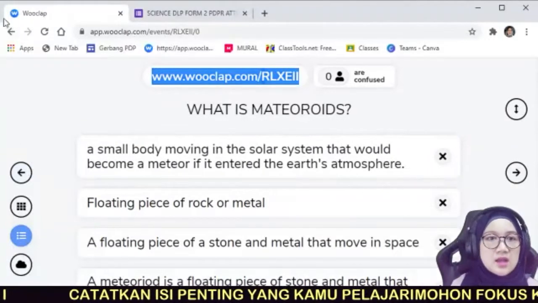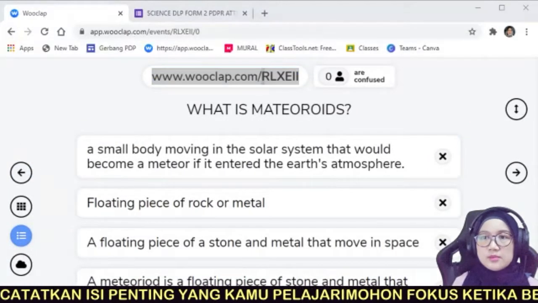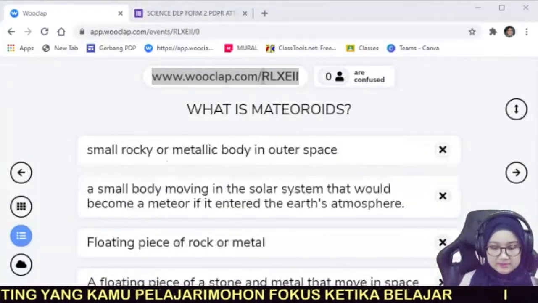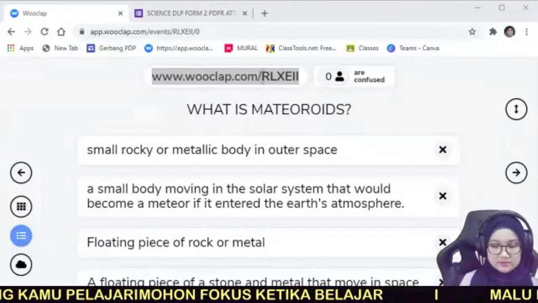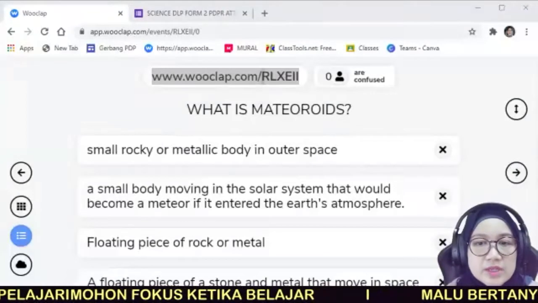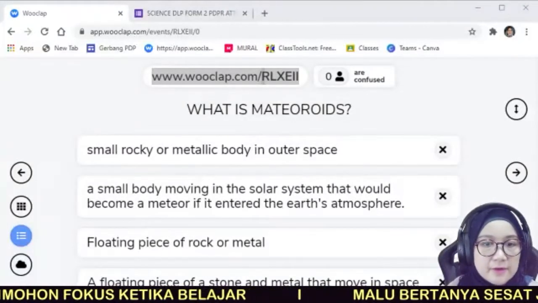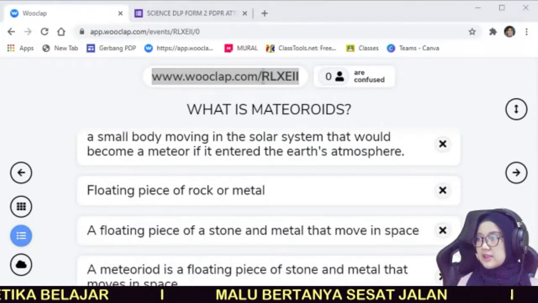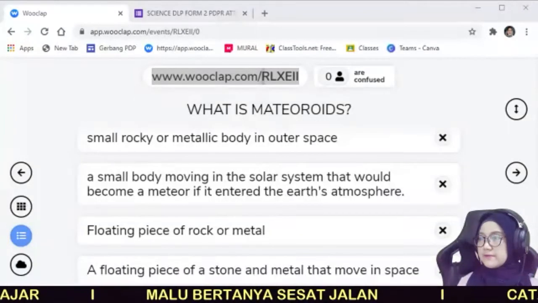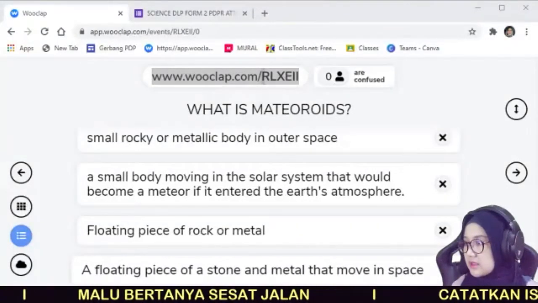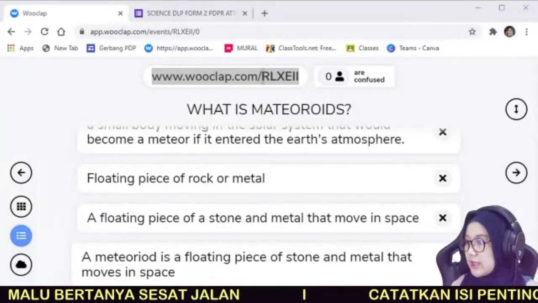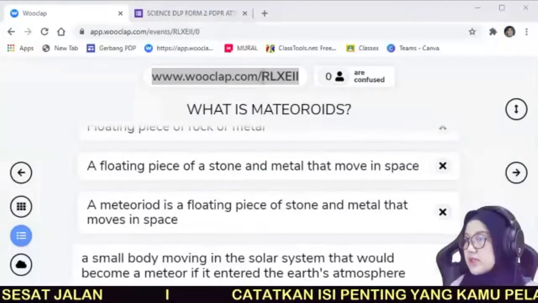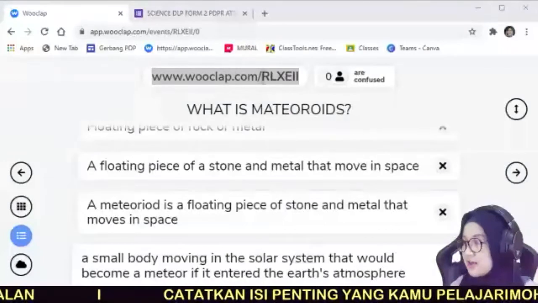Okay, what is a meteorite? Look here. The meteorite is a small body moving in the solar system. A small rocky metallic body in outer space, yes. A floating piece of stone and metal that moves in space. A small body moving in the solar system that would become a meteor if it entered the Earth's atmosphere.